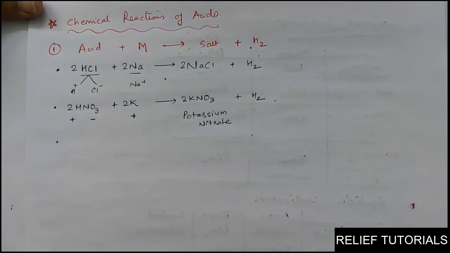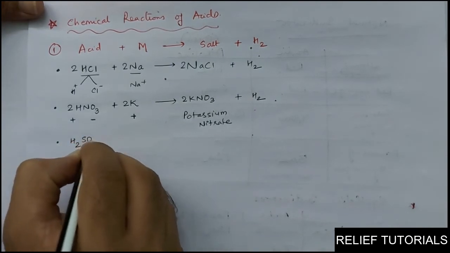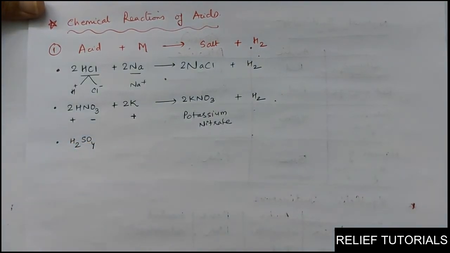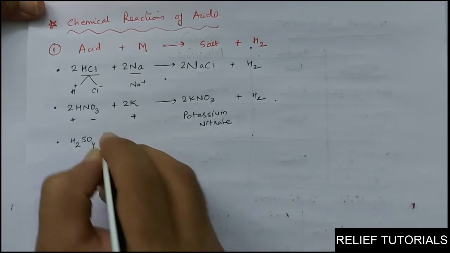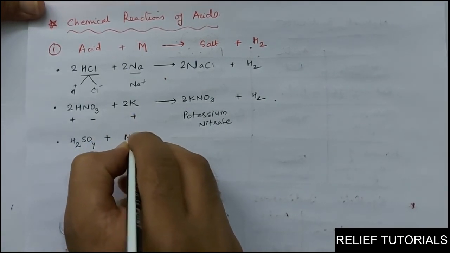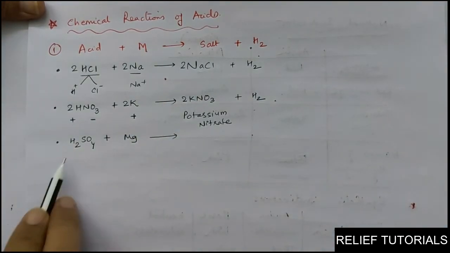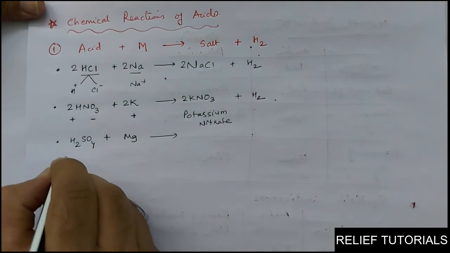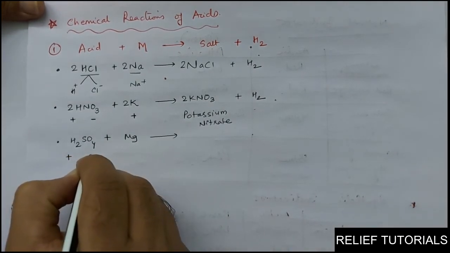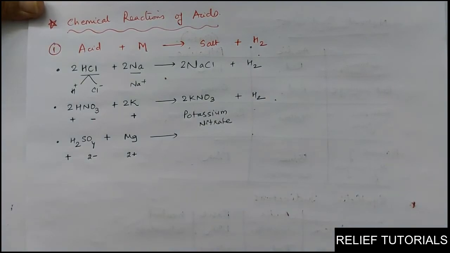Let us say one more example. Let us say it is H2SO4, the sulfuric acid, which reacts with one of the metals, let us say magnesium. Hydrogen gas is going to get liberated. So H is plus ion, SO4 is 2 minus ion, Mg is 2 plus ion. I have given you the list of ions. We have to remember the ions.